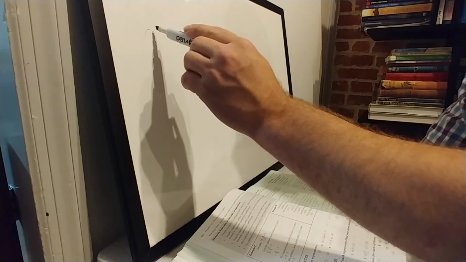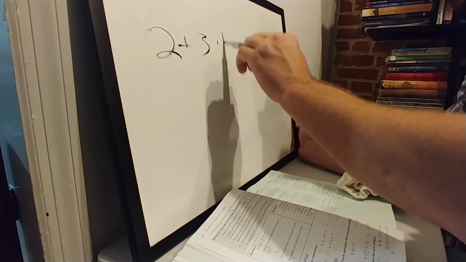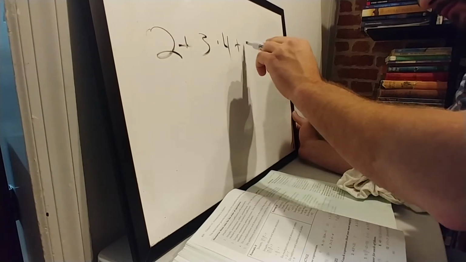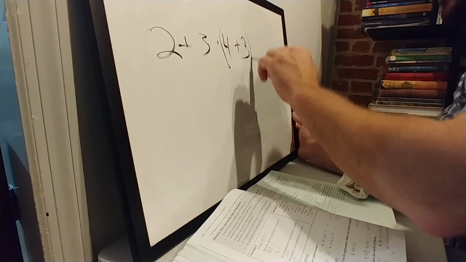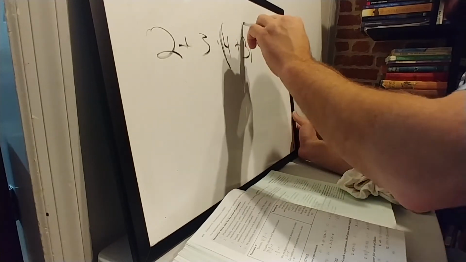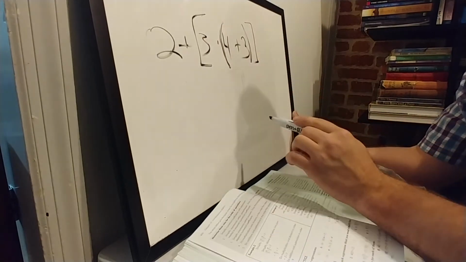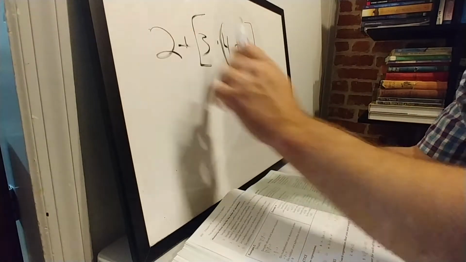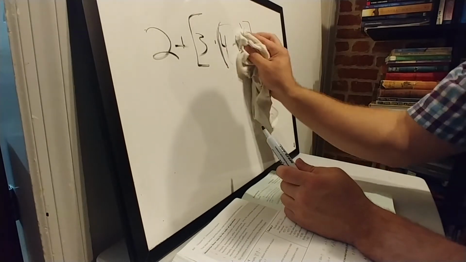So when you're doing one, the first thing, so 2 plus 3 times 4 plus 3. Maybe this is in parentheses, and then this is in brackets. So there again, you work from the inside out. So you would do this first, and you would make it 4 plus 3 is 7.